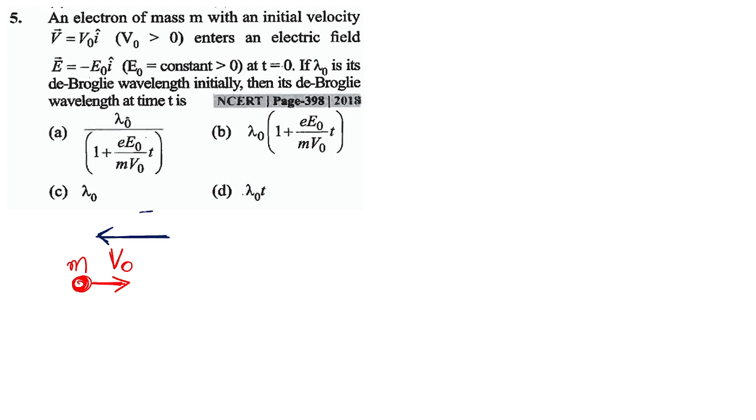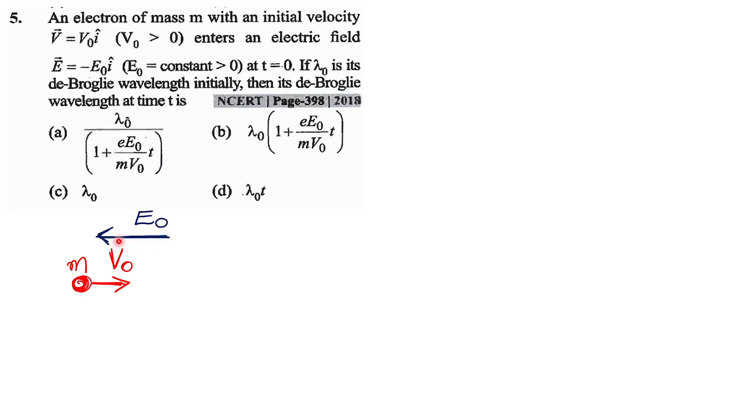We are applying a fixed electric field E0. Minus E0 i indicates the electric field is towards minus x, left.